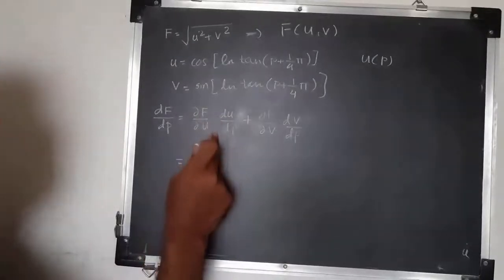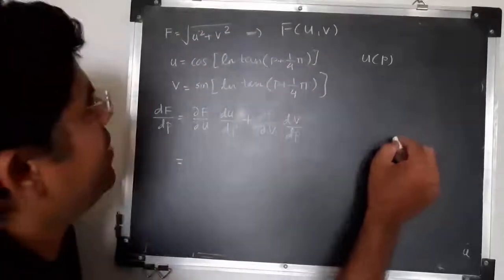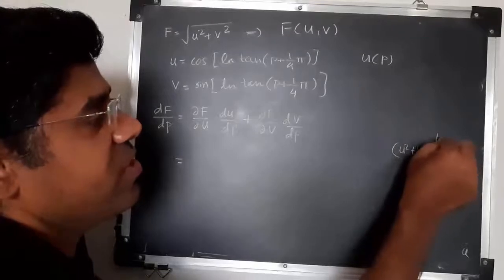What is ∂f/∂u? We know this is a symmetric function, u square plus v square raised to half.